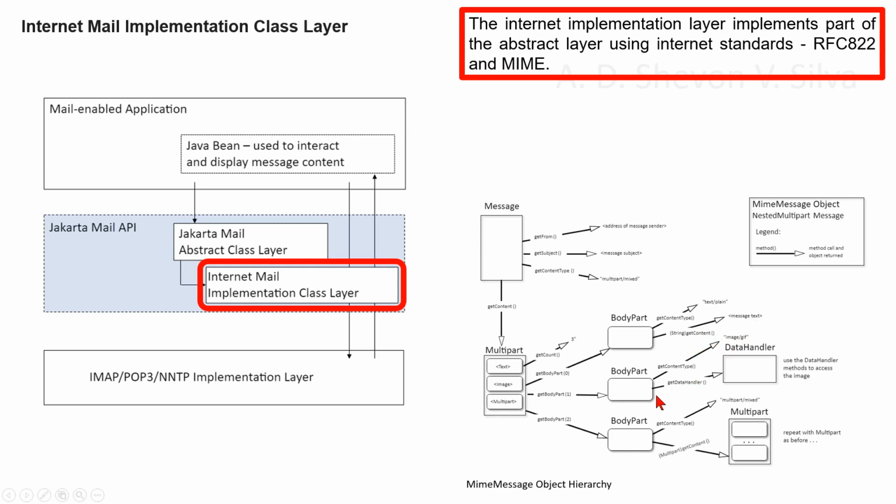Here getDataHandler returns a data handler. Use the data handler methods to access the image. Here getContent returns a multipart. Repeat with multipart as before.